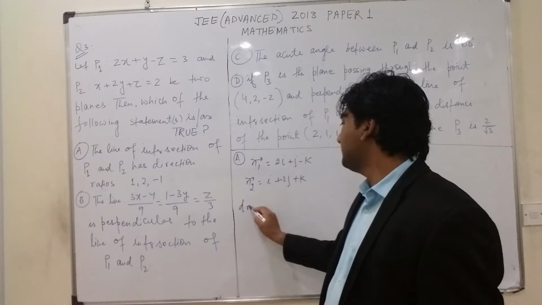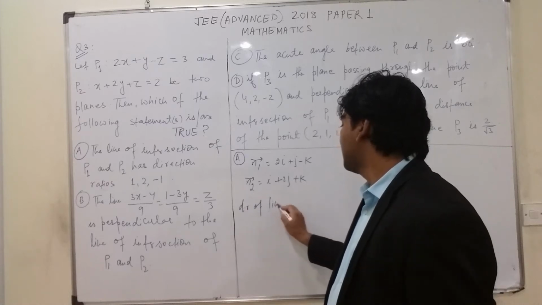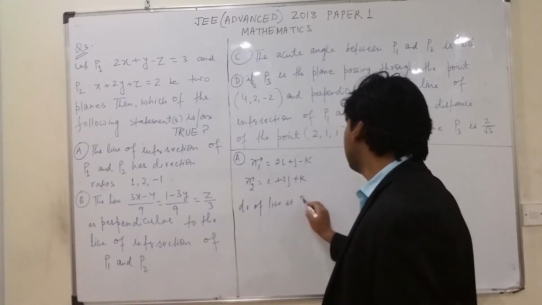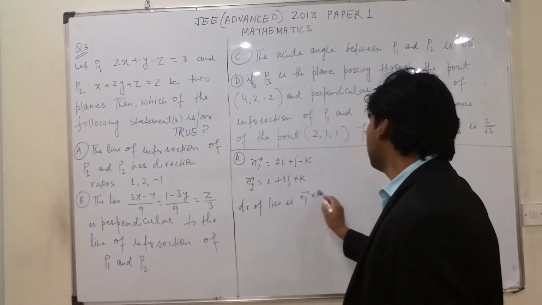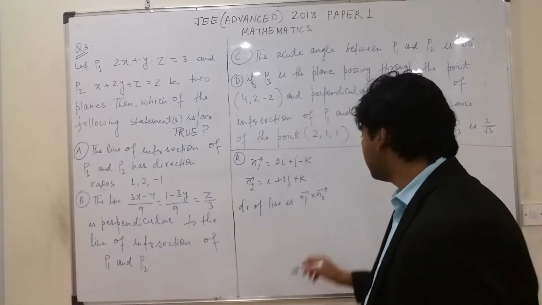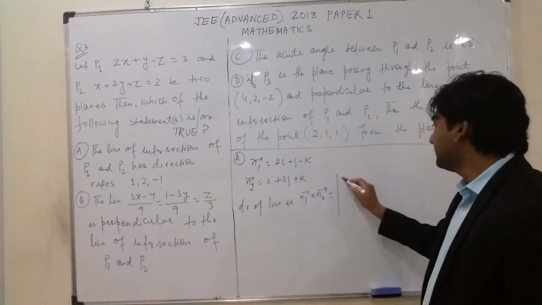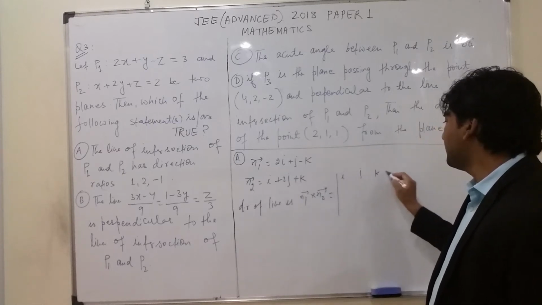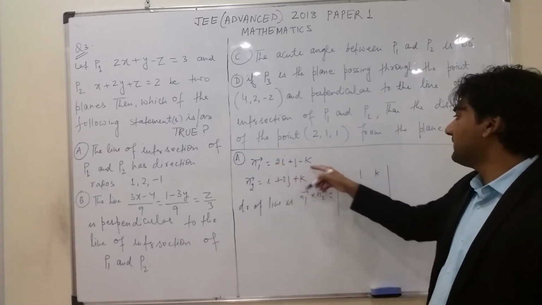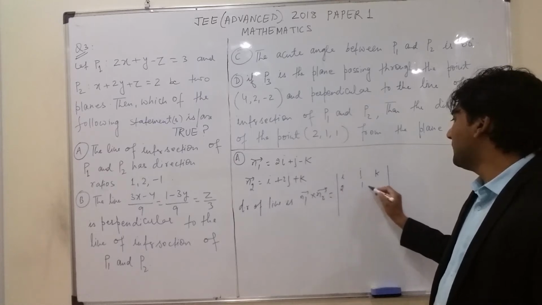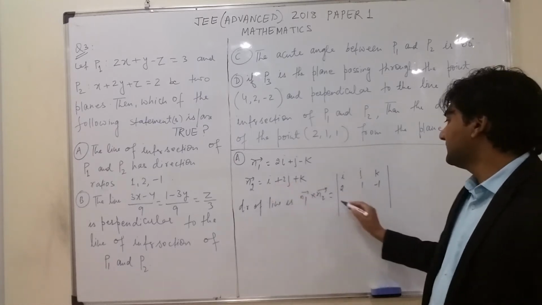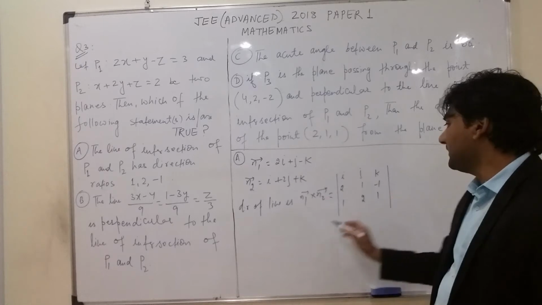So the direction ratio of the line is n1 cross n2. Here we can find this is i, j, k, this is 2, 1, minus 1, and this is 1, 2, 1.